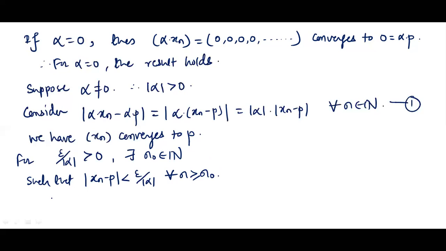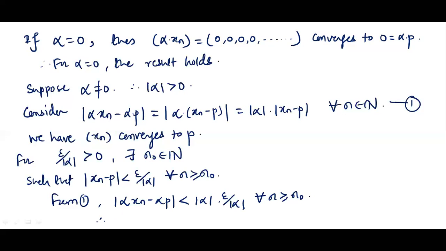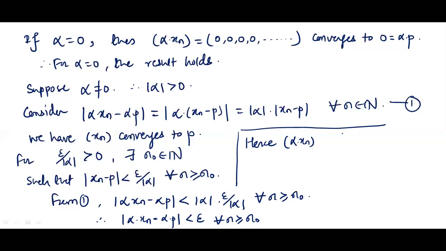So from 1 we can write mod of alpha xn minus alpha p is less than mod of alpha into epsilon by mod of alpha, and note that this is true for all n greater equal n naught, and therefore alpha into xn minus alpha into p is less than epsilon for all n greater equal n naught, and hence the sequence alpha into xn converges to alpha into p.